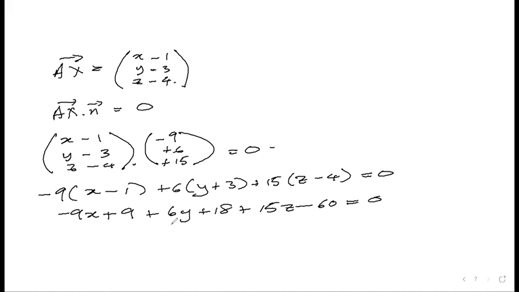You have y plus 3. Yes, when you're writing the 6, so it'll be negative 18. Negative 9x plus 6y plus 15z is equal to 69.